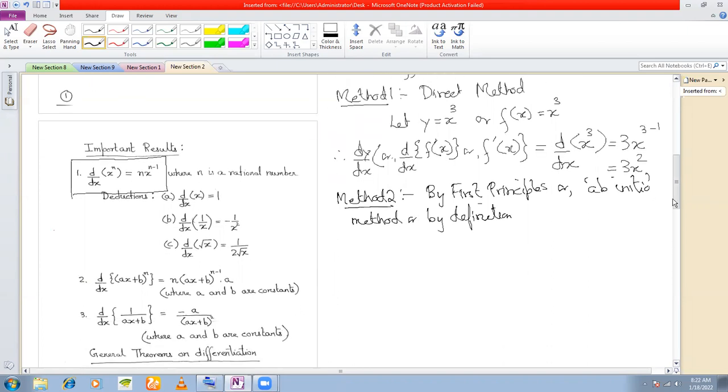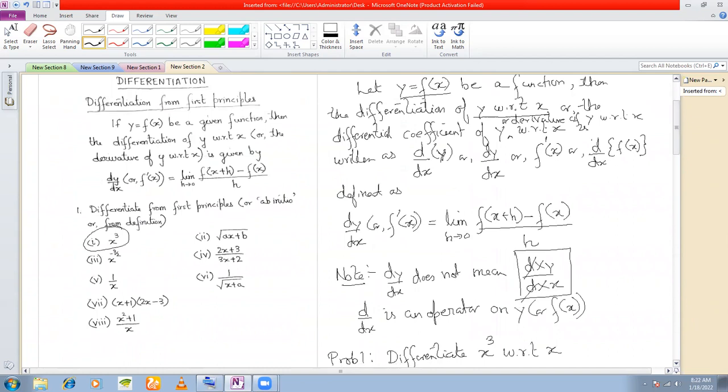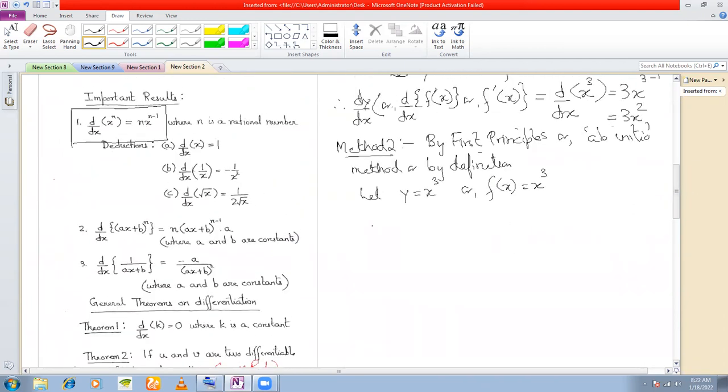Okay. So here, again, if I take y is equal to x cube or f(x) is equal to x cube, then by definition of limits, the definition of dy/dx here is this, right? f(x plus h) minus f(x) divided by h. So first we shall find f(x plus h). If f(x) is equal to x cube, then f(x plus h) is (x plus h) whole cube, right?